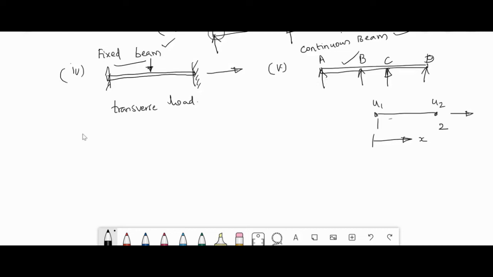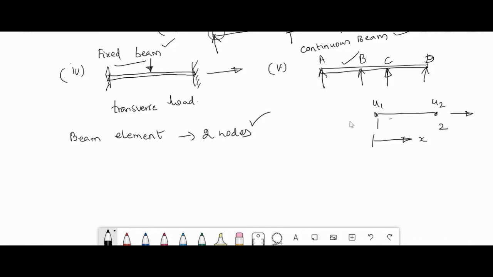So here the type of element we are using is the beam element, a beam element with two nodes. What is the difference between the two-node axial bar element and the two-node beam element? The two-noded axial bar element is applicable to analyze the axial load applied on the structural member. That is the behavior of the element.